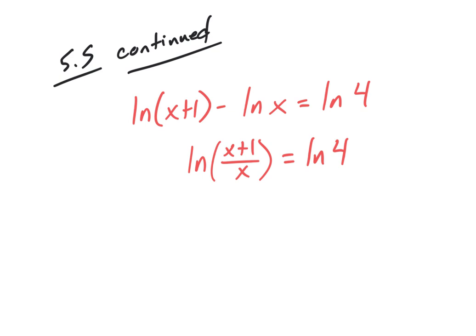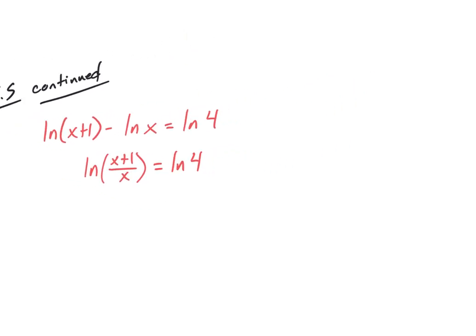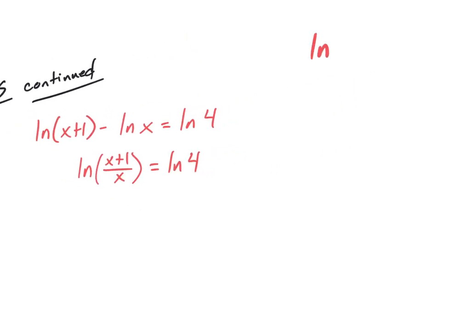Now, when we get to this point, because we have a log on both sides, I could rewrite an expression here, like if I said the ln of x equals the ln of 3, then what would x have to be in order for the two sides to be the same? We just have to put 3 in here, right? x would have to be 3.